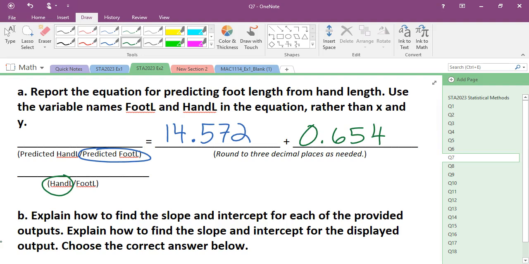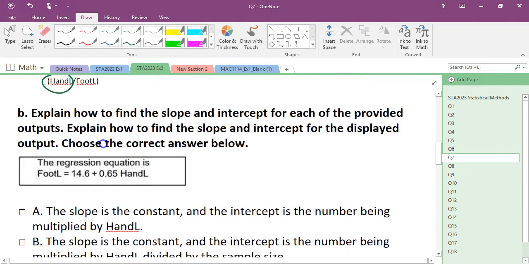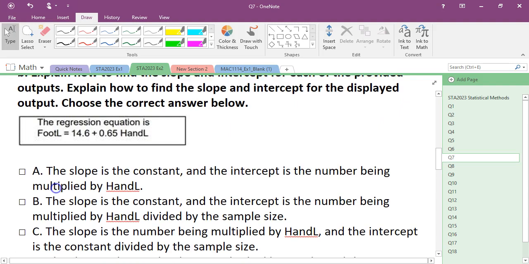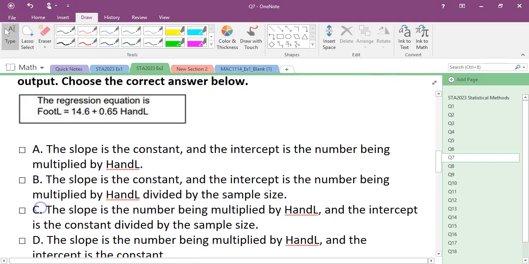So again, we go back to that question on part B, how to find the slope and the intercept when provided different outputs, different technologies. So right here, we are provided this regression equation. A: the slope is the constant and the intercept is the number being multiplied by hand length.